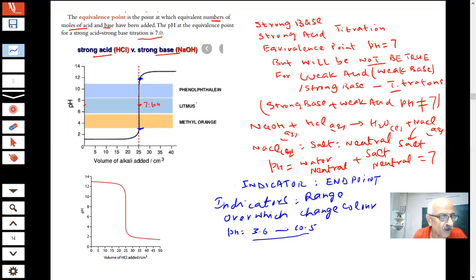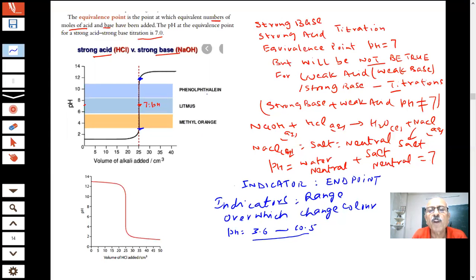There are more: bromothymol, phenol red. They change their color in this pH range. Hence we can use such indicators. So the use of indicator also depends on the range in which there is a change in the pH. Any doubt here?